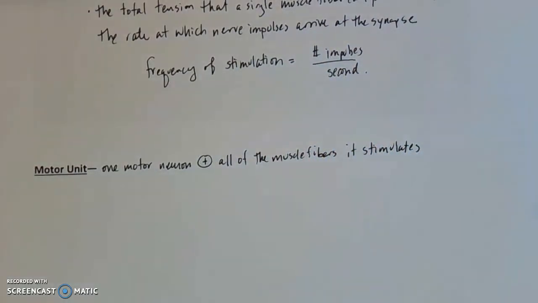So if we look at certain motor neurons that are going to a muscle, if it goes to one muscle, it's that motor neuron and that muscle that it innervates. Now, the muscles vary in size, so motor units also vary in size.